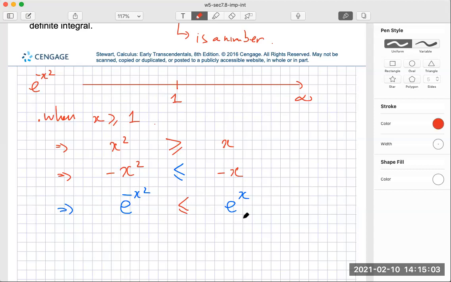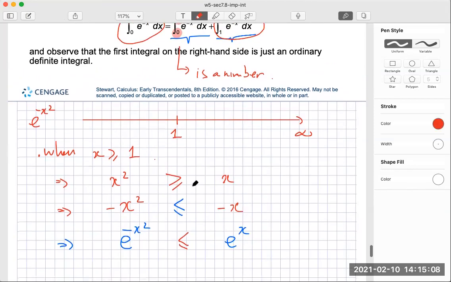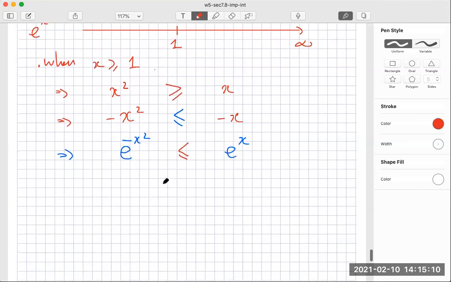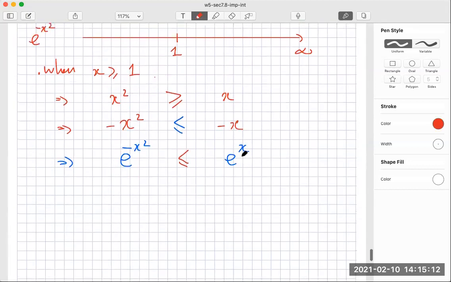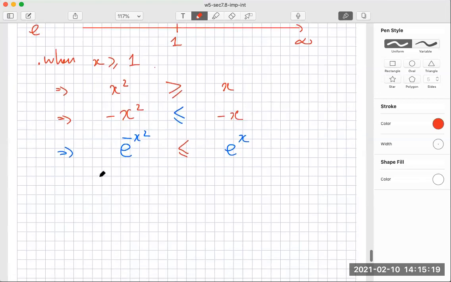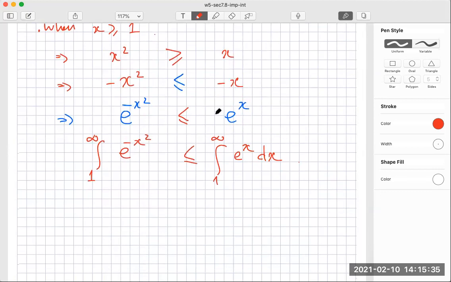And previously, from the comparison test, the comparison properties, if we take the integral, the integrand here is continuous, right? Therefore, the integral from 1 to infinity of e to the negative x squared, oh, negative x.